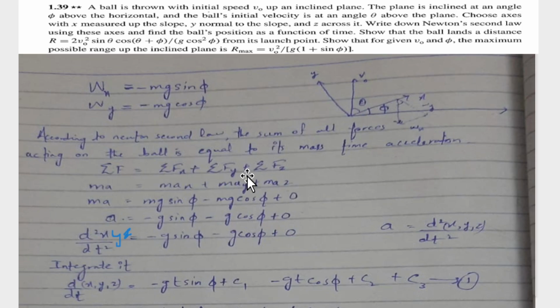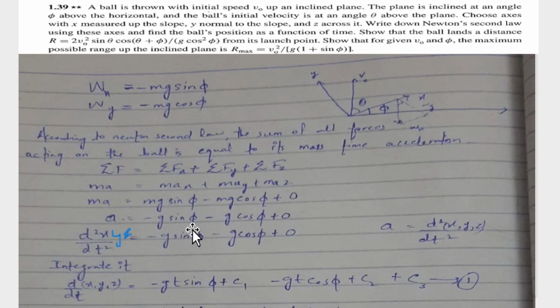So the net force, you can see there, when we put the values like mg, along the x-axis the force is this, and along the y-axis the force is equal to mg cos phi. And along z, obviously there is a z-axis, but the ball is not moving along this axis, so this is obviously 0.